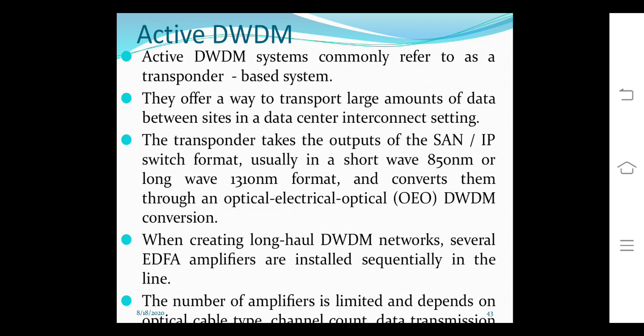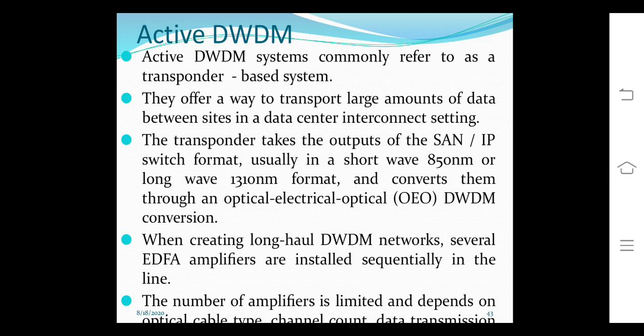The transponder takes the outputs of the SAN or the IP switch, usually in a short wave 850 nanometer or a long wave 1310 nanometer format, and converts them through an optical DWDM conversion. So optical to electrical, again to optical conversion.